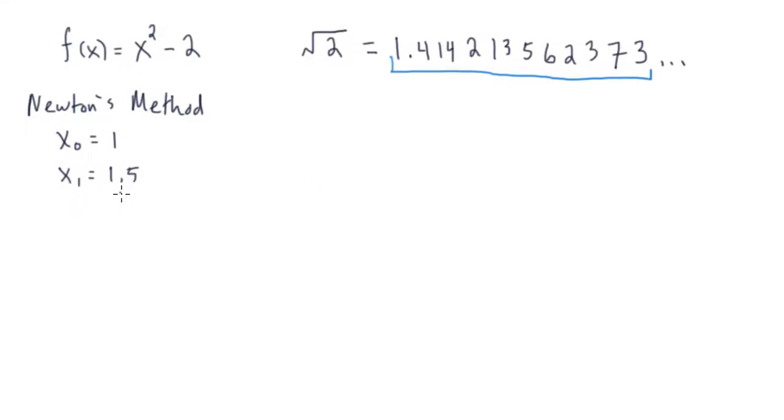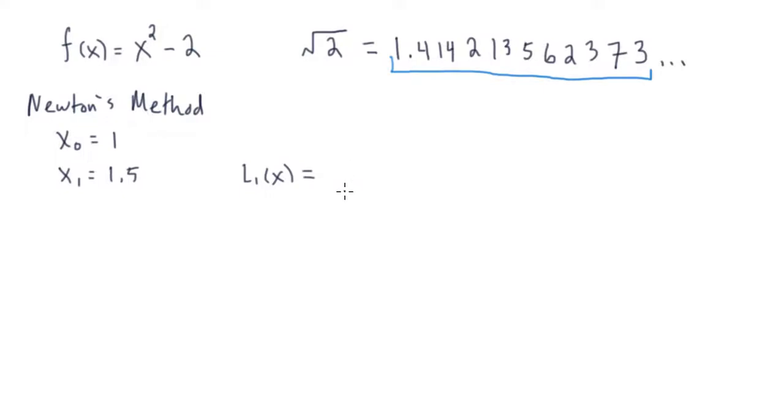Now remember, to get x2, the second approximation, we need to linearize the function at 1.5. I'm just going to tell you what that is. I think this is what we called L1 of x.